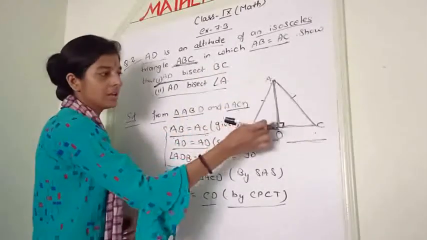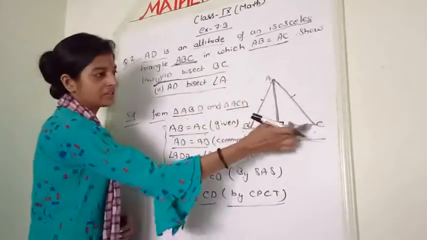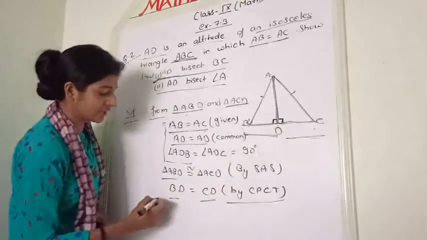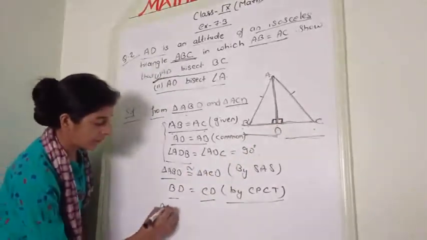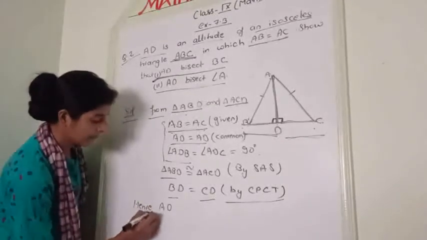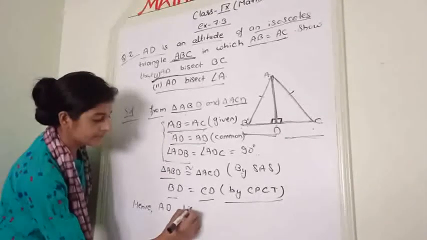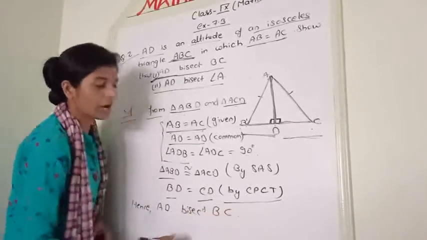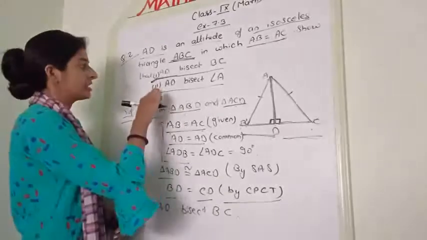This means the line AD is bisecting the complete BC into two equal parts. So we can write, hence, AD bisects BC.